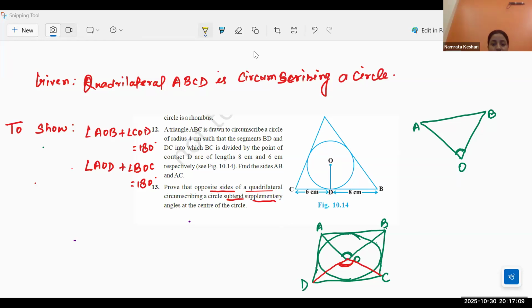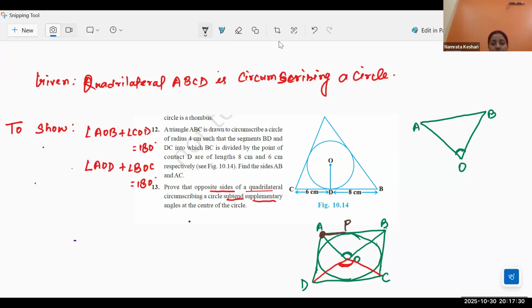We will say that this A looks like an external point, a concept we have used in so many questions. Every time in circumscribing-based questions, you have used this property.